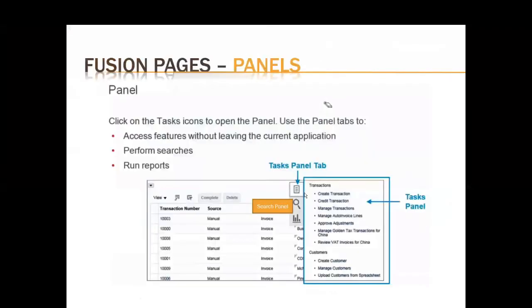Let me show you. Yeah, here you see that we have the task panel tab and search panel tab, and there is something called analytics, where you can make the reports available to the user. You can create the reports and make that report available here.